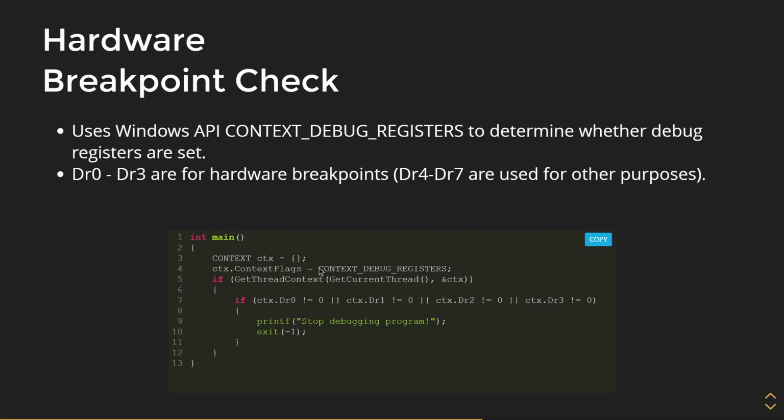Particularly, I retrieved the context from the current thread and determined whether the debug registers used for hardware breakpoints, particularly 0 through 3, are set to anything but 0. If they are set to anything but 0, then that means a debugger is likely attached.